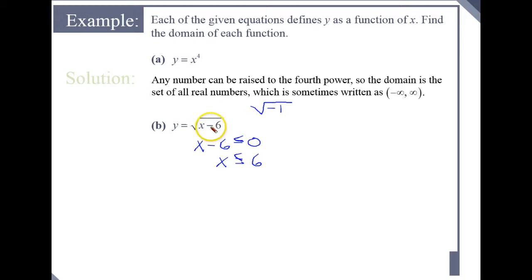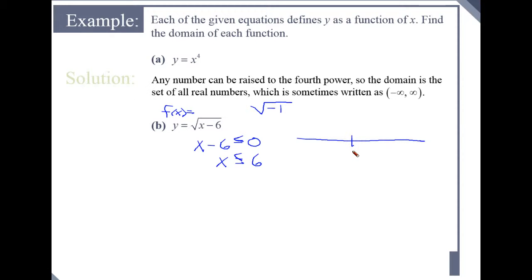So you cannot have in the domain of this function that x could be less than 6. It has to be greater or equal. And I explained the rationale for it. So what would the interval notation be? Well, let's look at it on a number line for a moment.